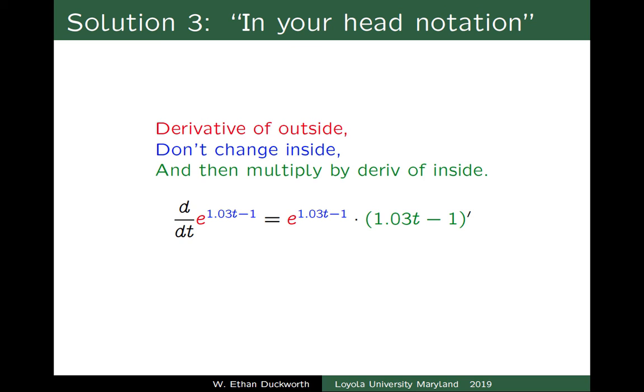So my last step will be to finish taking that derivative and write it on the side. So e to the 1.03t minus 1 times 1.03. And of course that's the same as we got before, but now we can see with the colors where the z is or where the box is, and hopefully that helps you.